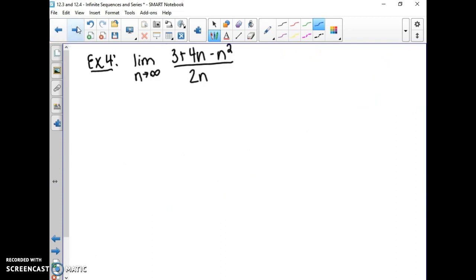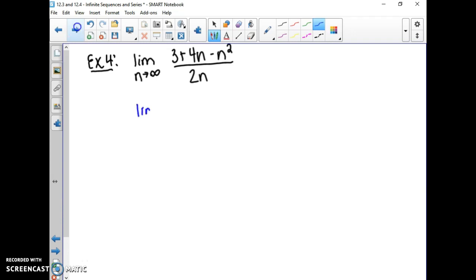Okay. For our next example here, we've got the limit as n approaches infinity of 3 plus 4n minus n squared all over 2n. So we can work this problem out a couple different ways, but I'm going to do this the way we've done the other problems. The highest exponent in the denominator is n, just n to the first power. So I'm going to divide everything by n.